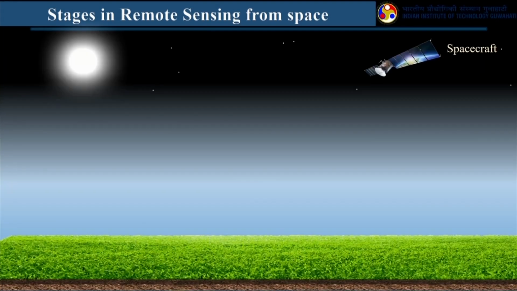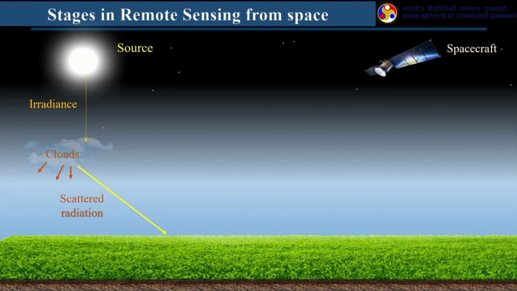So, this is again just to make clear that the sun is our source of energy, which is irradiating our surface and interacting with our atmosphere.